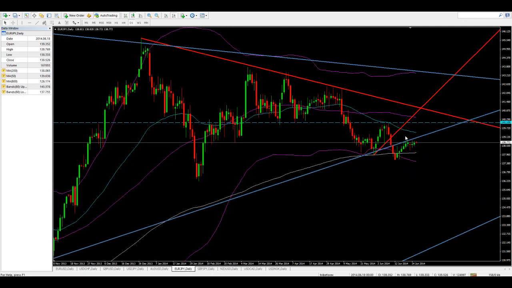Euro yen, same thing, consolidation, narrowing consolidation here. And yeah, it's looking something like this.